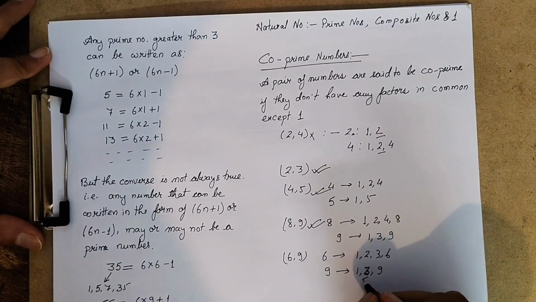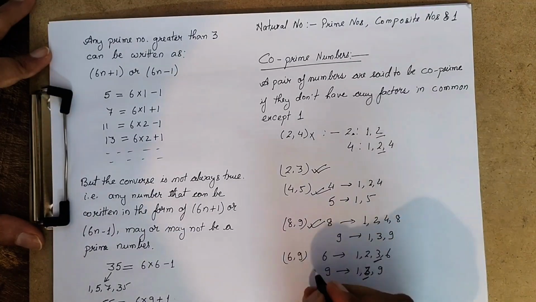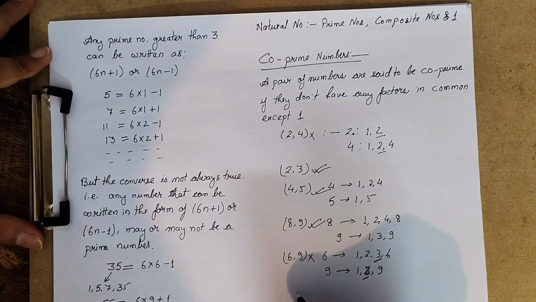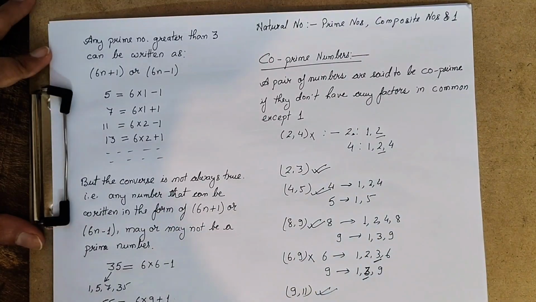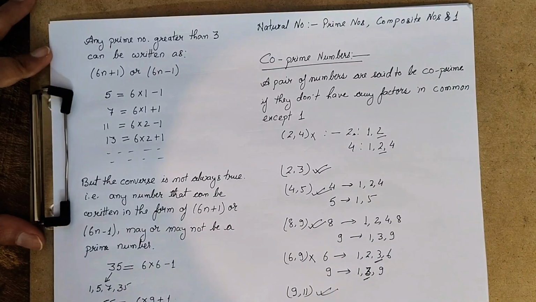So they have 3 as a common factor, hence they are not co-prime. Similarly, we have 9 and 11. They don't have any factor in common, hence they are co-prime. I hope it's clear.